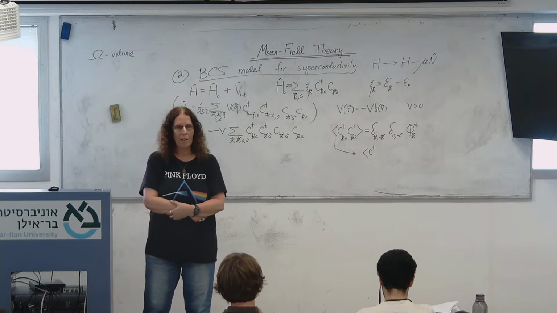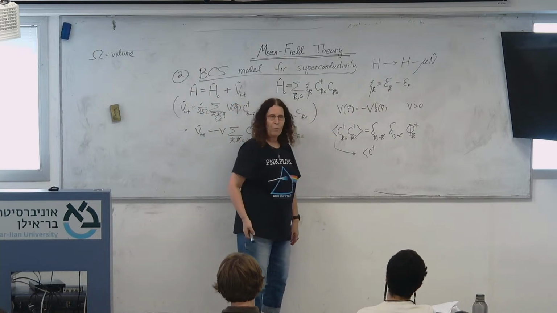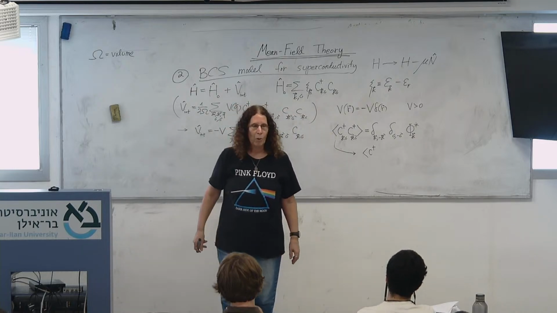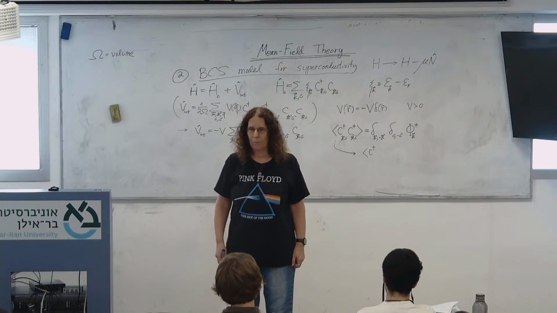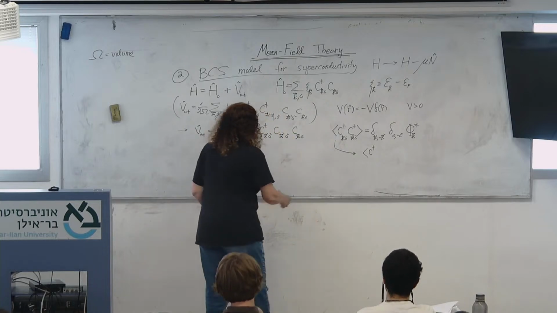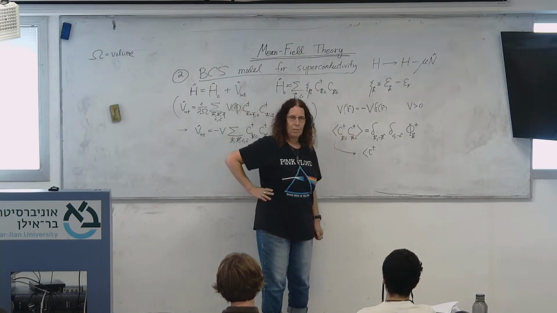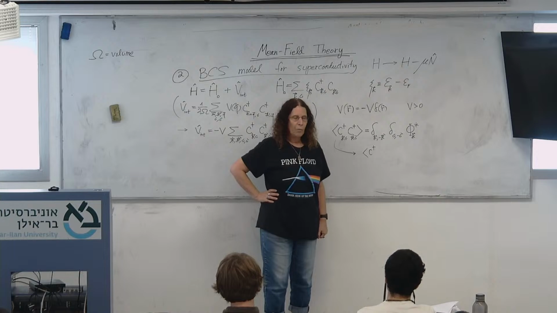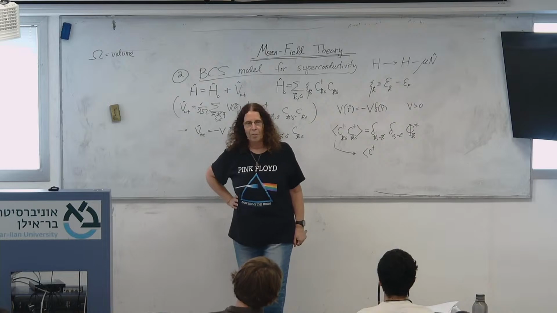Now, why do I say it? Why wasn't it the case for the expectation value of C dagger C, which is just a number? That number must be a real number. But here, notice that it's an expectation value of two creation operators. It's not a Hermitian operator. First of all, it's not Hermitian, that's right. It's okay.